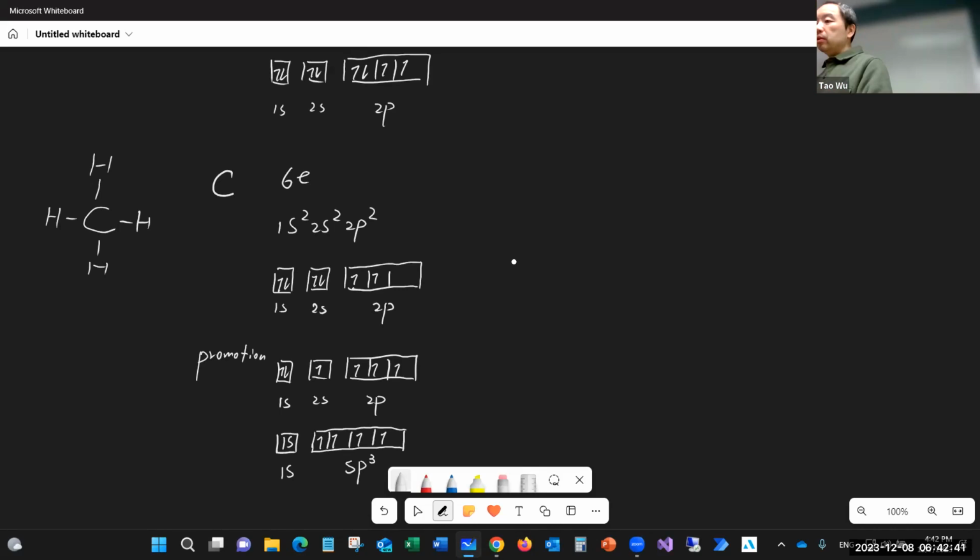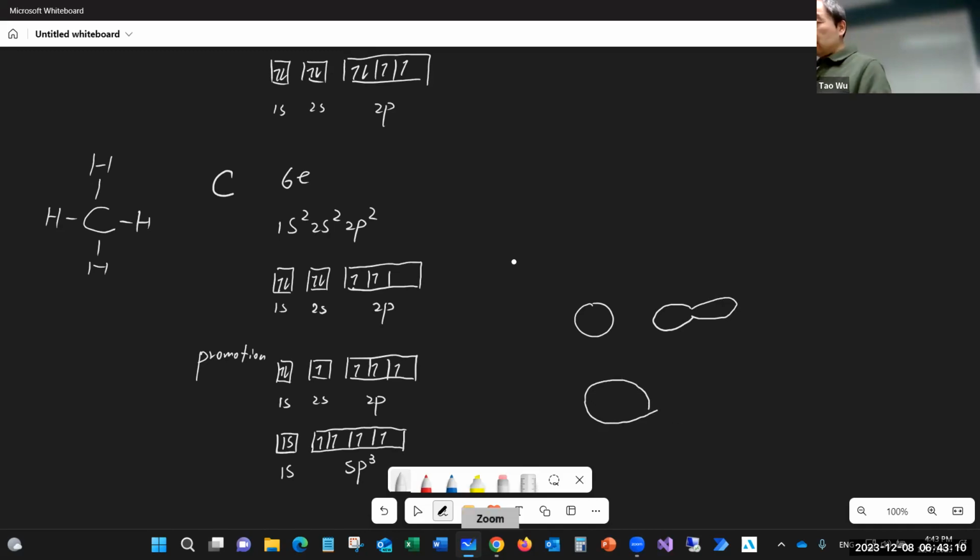So then the people say, okay, to be honest, at the very beginning, I really don't know. I mean, how come we have the s orbital shaped like this and the p orbitals shaped like this? And those two hybridized together, what kind of shape do you think it looks like? It's just one part is really big, and the other part is really small.